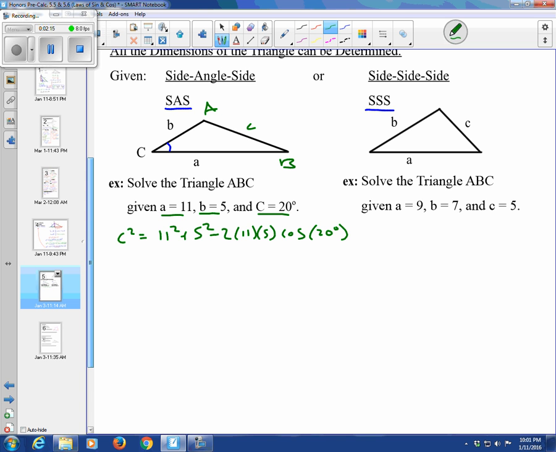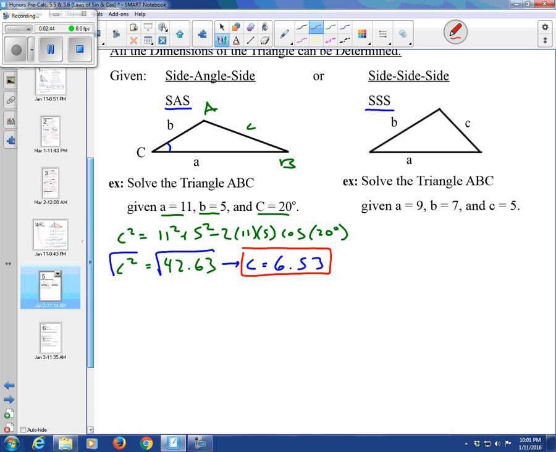Now we can just type this into the calculator, and when we do that, we get C squared equals 42.63 approximately. And when we take the square root of both sides, we get side C as being of length 6.53. And again, that's approximate. I'm using an equal sign, but that's an approximate length for C.